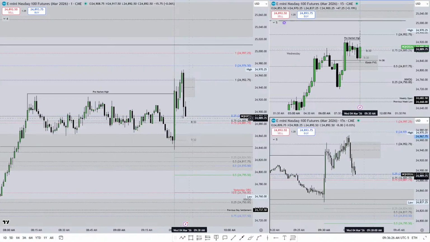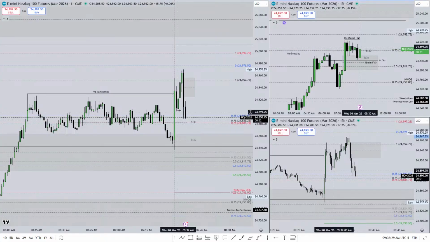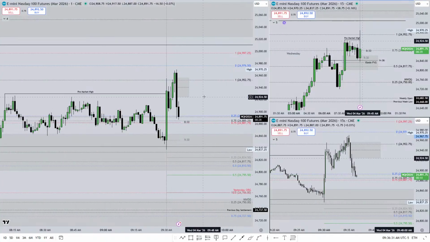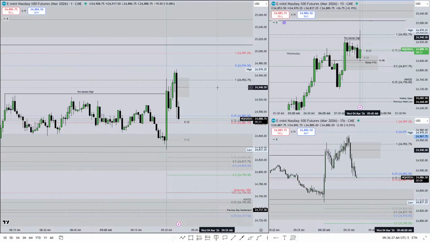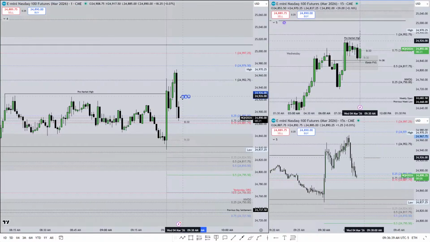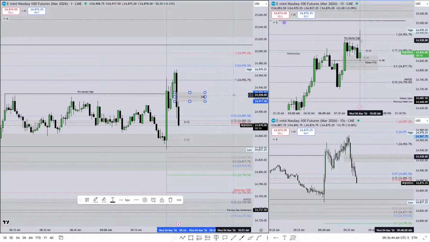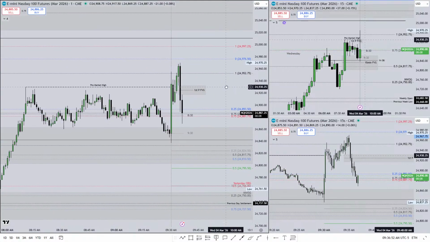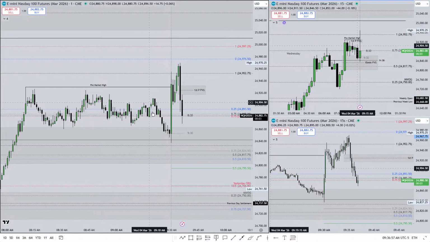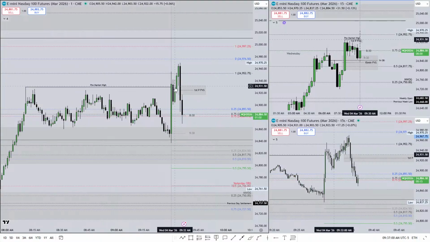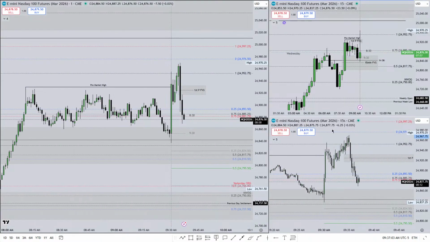A lot of quadrants right here, kind of bunched up. About to get our first presented fair value gap. So initial move higher, low one swept that.